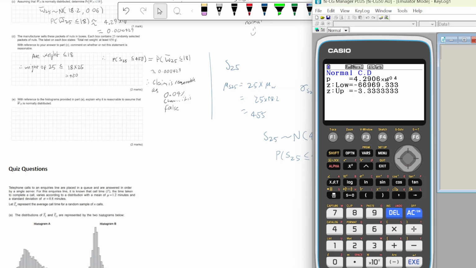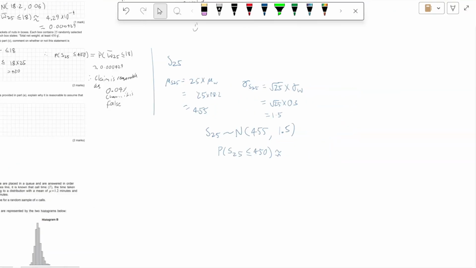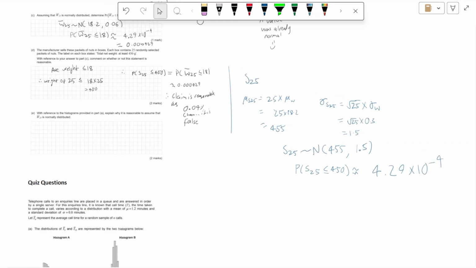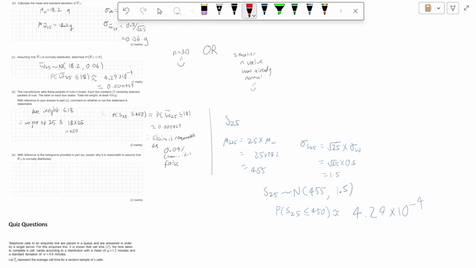And we should get 0.04%. Yes, we do. 4.29 times 10 to the minus 4, which is exactly the same answer that we got before. So this was the W bar 25 method, and then this was the sum of samples, the S25 method. So just be aware about how those two things are different.